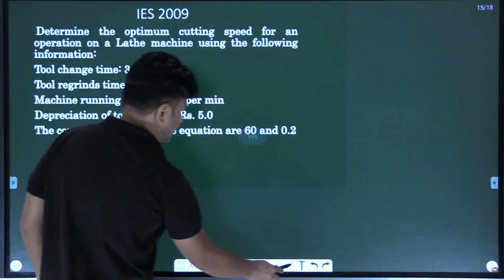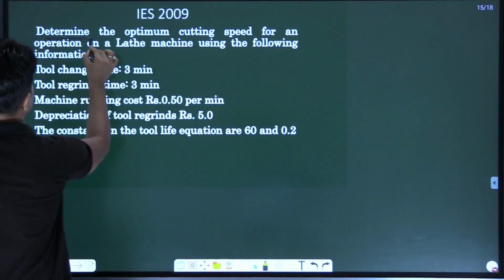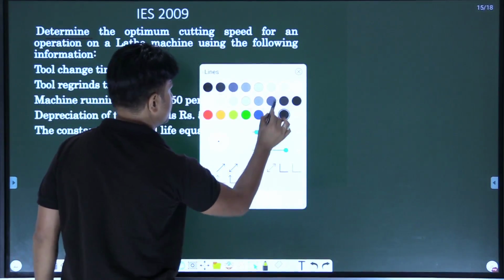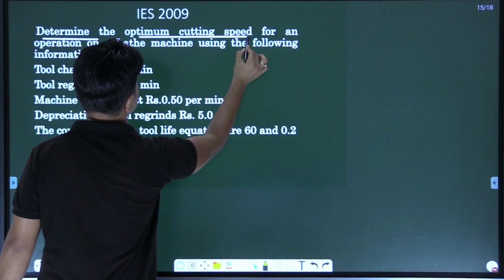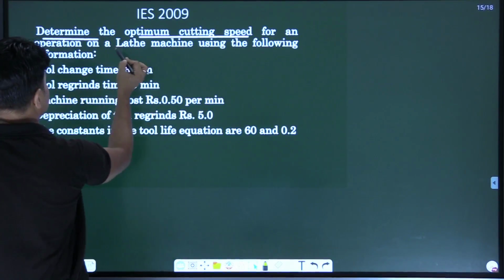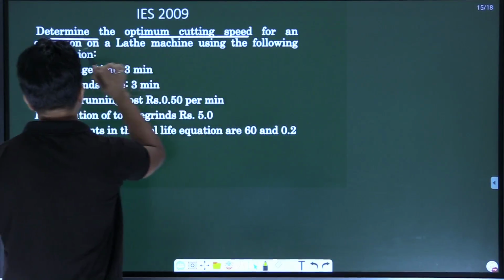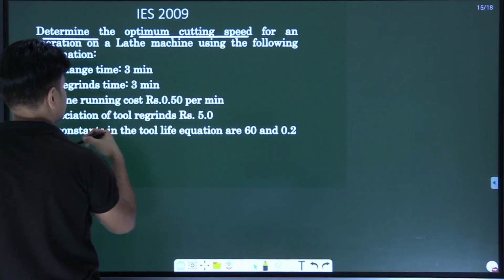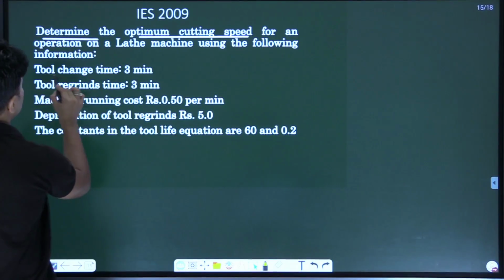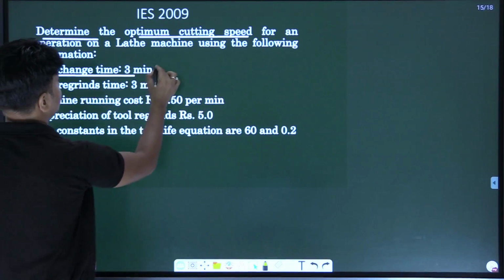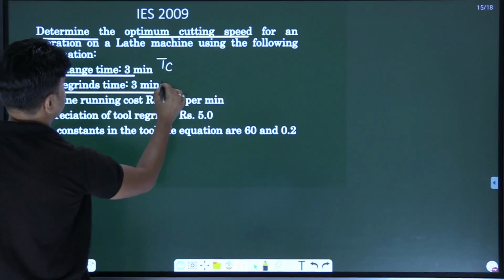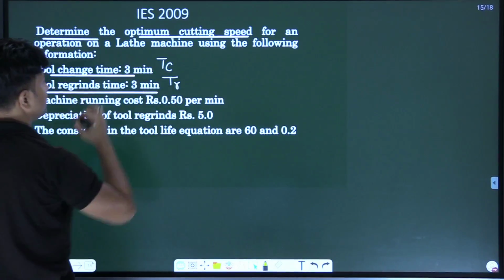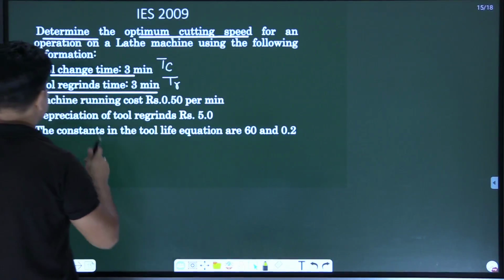In this question, I have to determine the optimum cutting speed for an operation on a lathe machine using the following information. Tool changing time, that is TC, is given. Tool regrinding time, that is TR, is given.